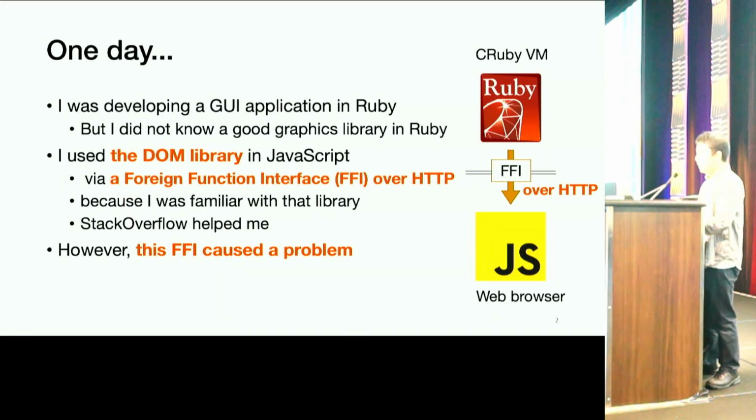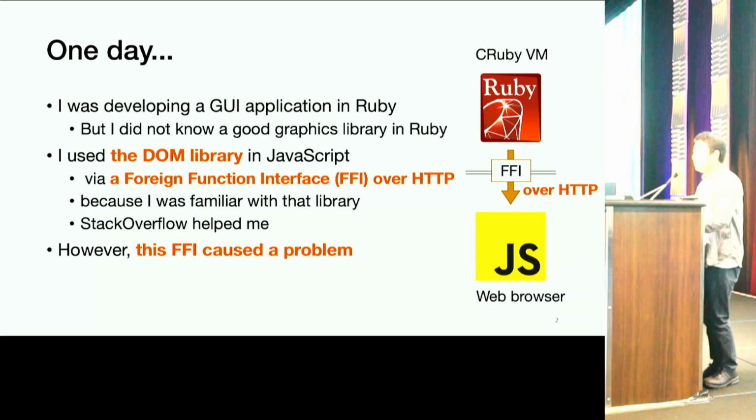So one day, I was developing a GUI application in Ruby. However, I did not know a good graphics library, so I decided to use the DOM library in JavaScript via a foreign function interface over HTTP from Ruby.